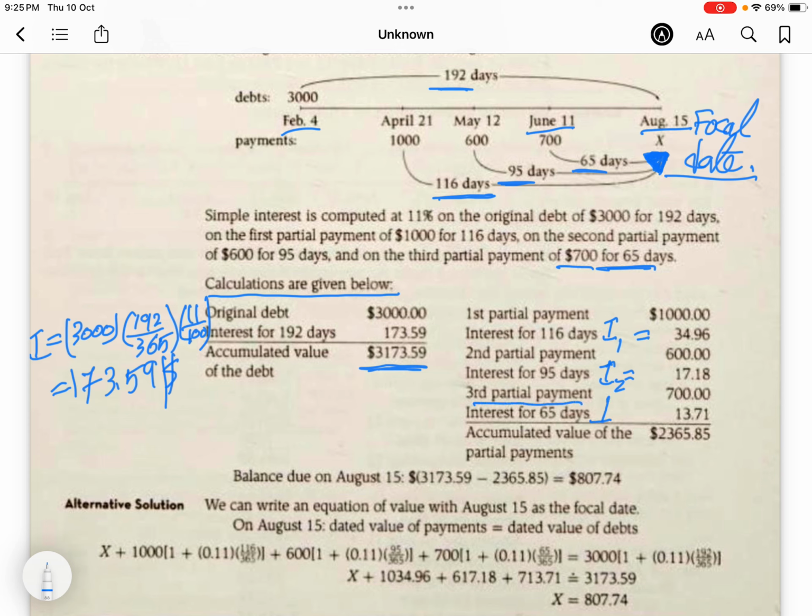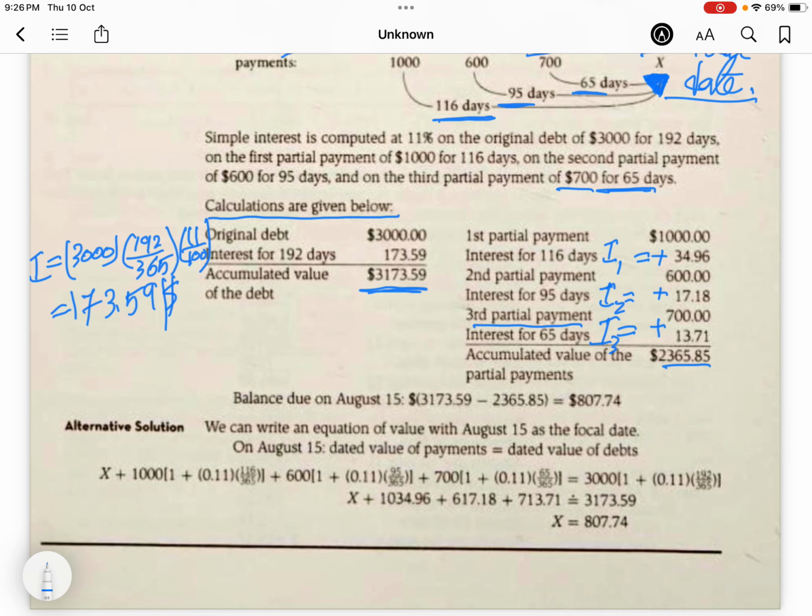I3 equals 700 multiplied by 11 multiplied by 65 divided by 36,500, which is 13.71. Here after addition, you will have 2,365.85, the accumulated value for the partial payments.